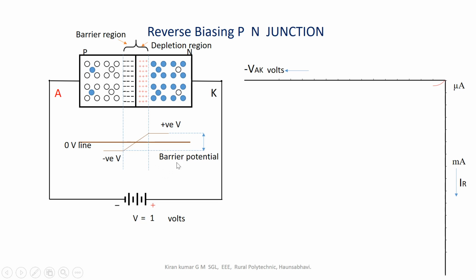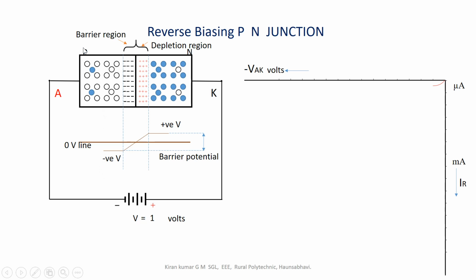This increased barrier potential at the junction will not allow any of the majority charge carriers from either the P region or the N region to cross this junction, and there will be no current flowing through this diode, and the diode is said to be in the off condition.